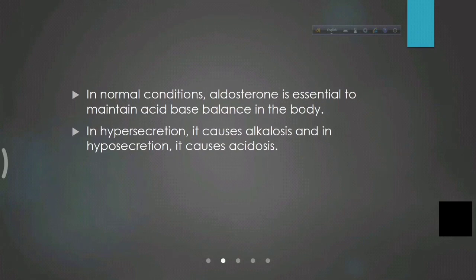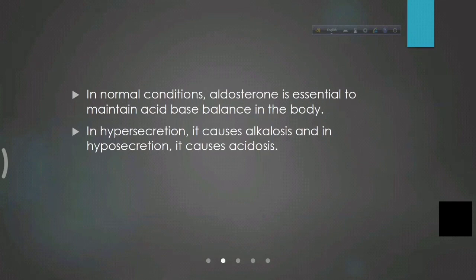On the other hand, when there is hyposecretion of aldosterone, it fails to secrete adequate quantities of hydrogen into the renal tubules, which leads to retention of the ions and ultimately leads to acidosis. So hypersecretion of aldosterone leads to alkalosis, and hyposecretion of aldosterone leads to acidosis because of impairment in secretion of hydrogen ions.